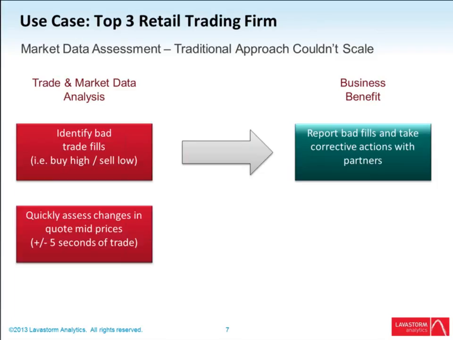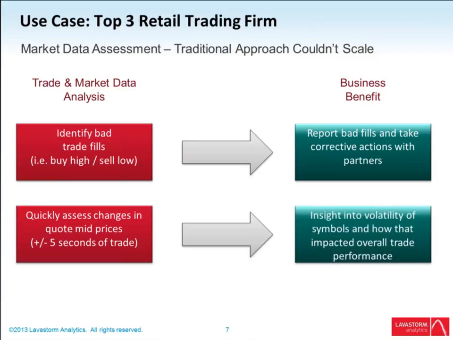The other thing they wanted to be able to do was to assess changes in the quote over the course of plus or minus 5 seconds of a trade to see how much volatility there is in the quotes that are being offered, and see how they can make changes to accommodate that volatility and lead to an optimal trade for their customers.